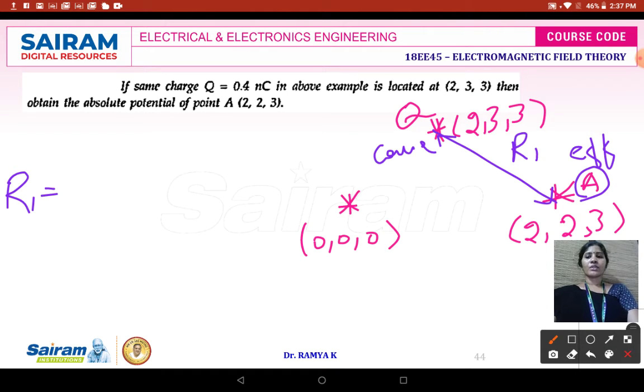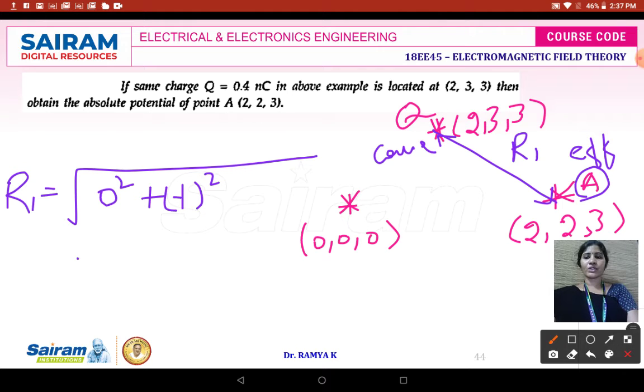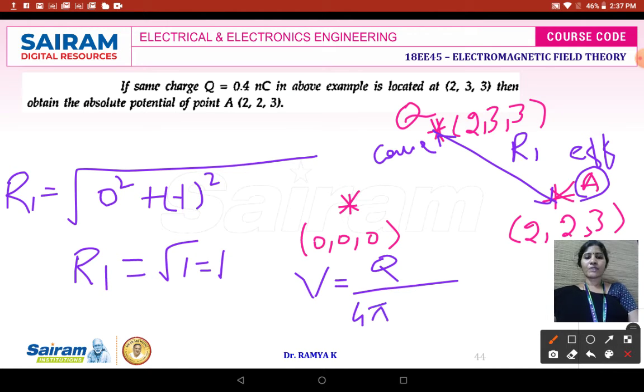So R1 is equal to root of effect distance minus cause distance. So 2 minus 2 is 0. 2 minus 3 is minus 1, squared. 3 minus 3 is 0. Therefore, the distance between point A and where the point charge is placed, R1, is equal to root 1, which is equal to 1. Therefore, the potential V is equal to Q divided by 4 pi epsilon R1.